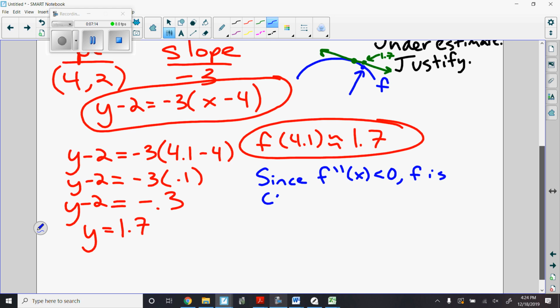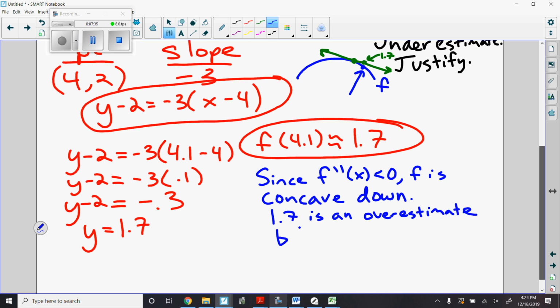I need to tell the grader that I know that. Since the graph is concave down, I know that 1.7 is an overestimate, because the tangent line will always lie above the curve.